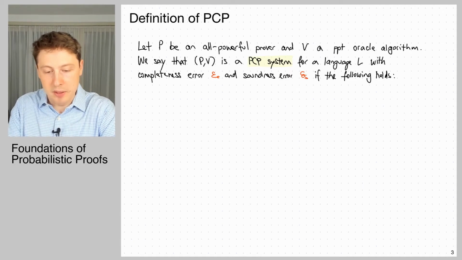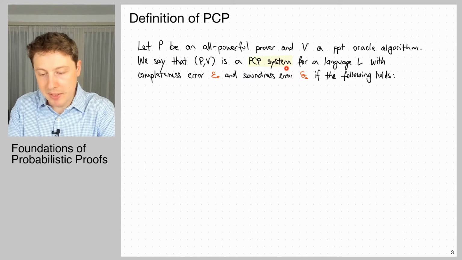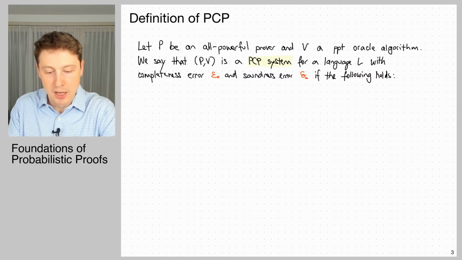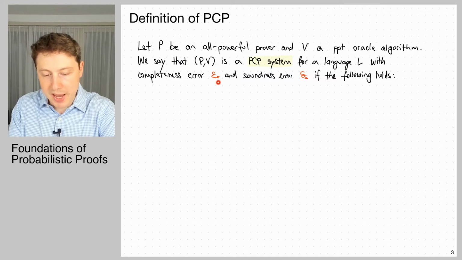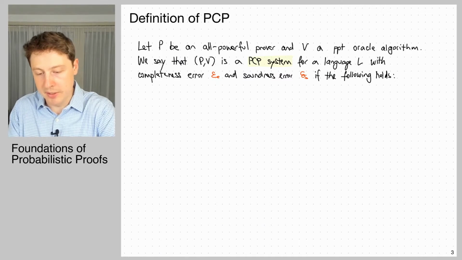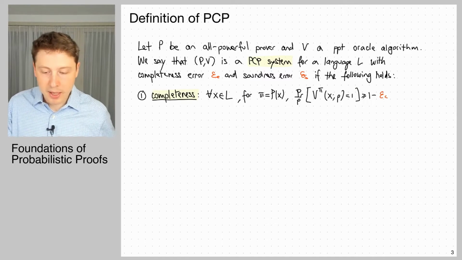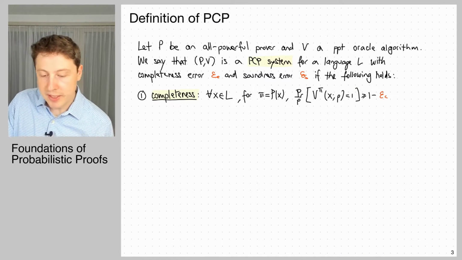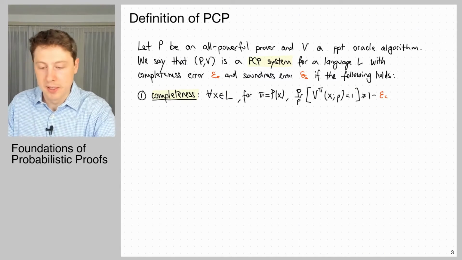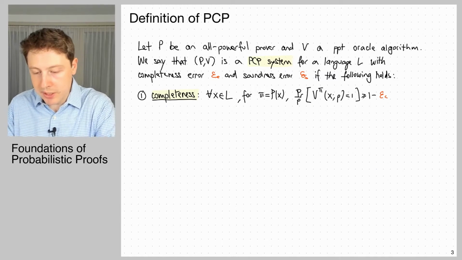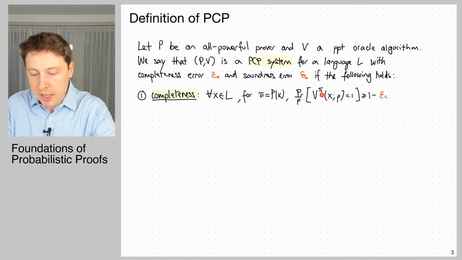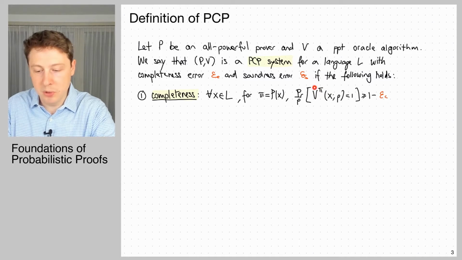We're going to say that (P, V) is a PCP system for a language L with some completeness error, let's call it epsilon c, and soundness error epsilon s, if the following holds. It's very similar to what you would have for NP, except that now we put pi in the superscript to denote it's an oracle, not an input.